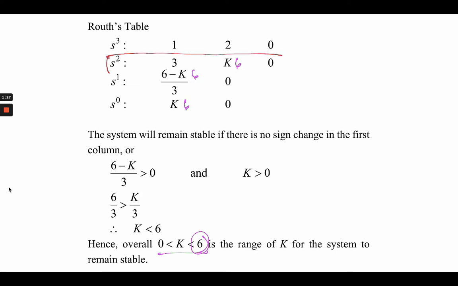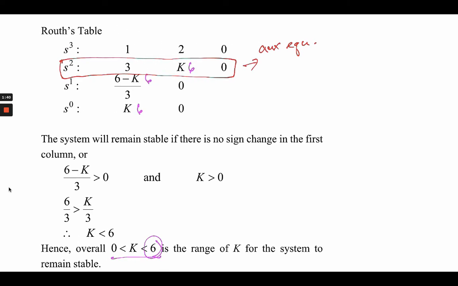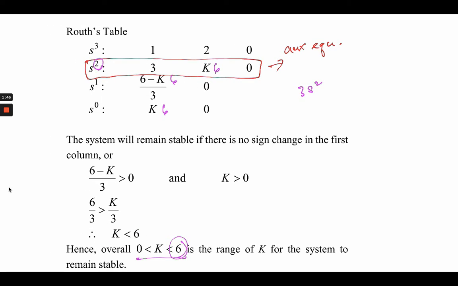In this case, the s squared row gives us our auxiliary equation. So we have 3s squared, because the power of s is squared over here. And remember that when we insert into the Routh table, we put it as alternate numbers.